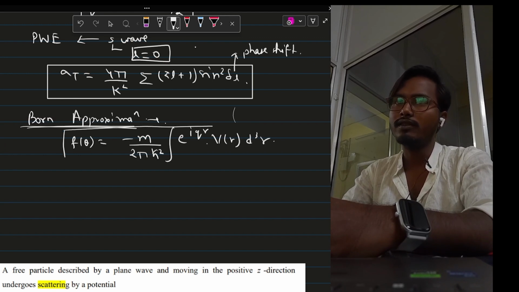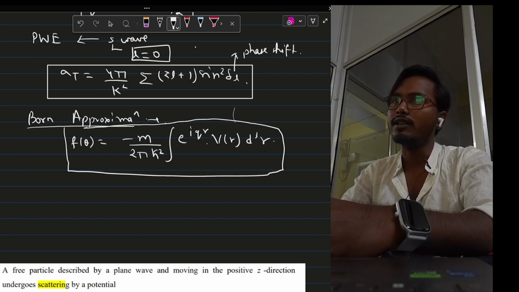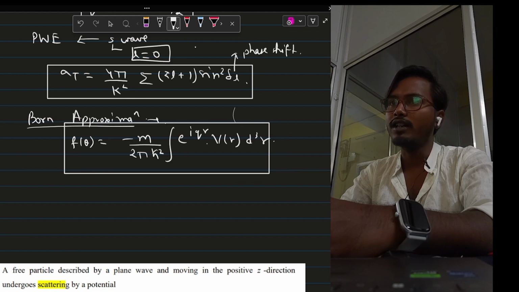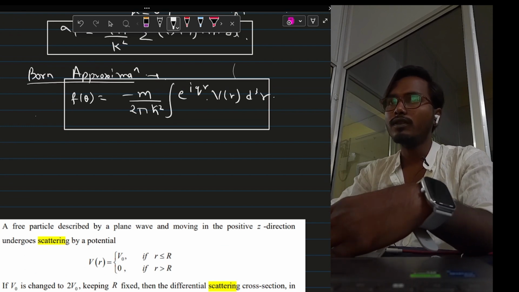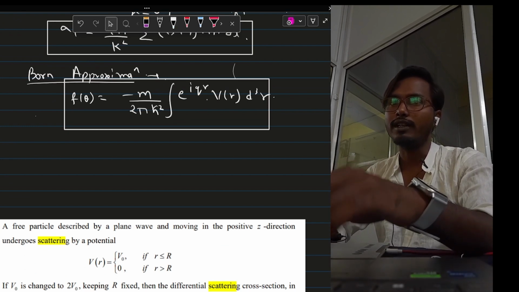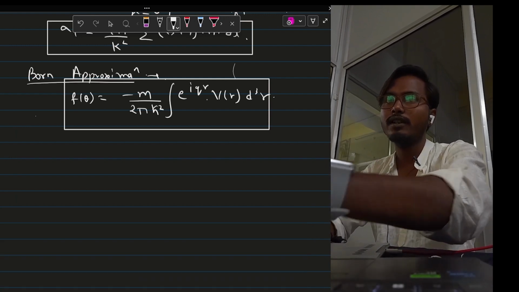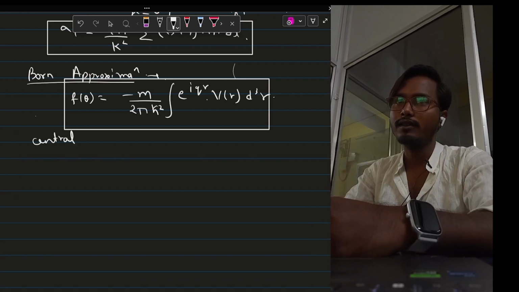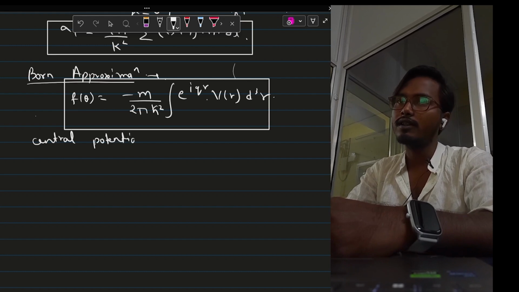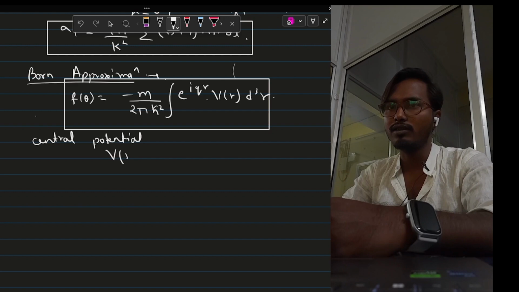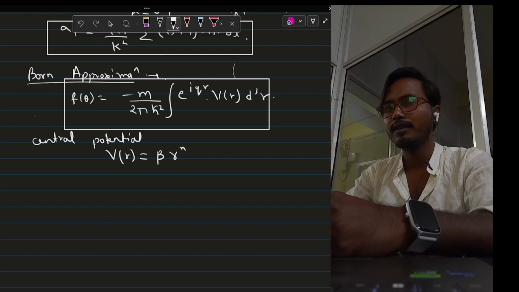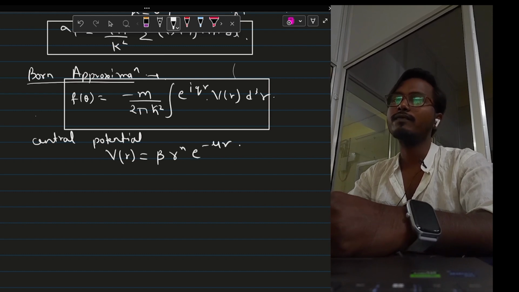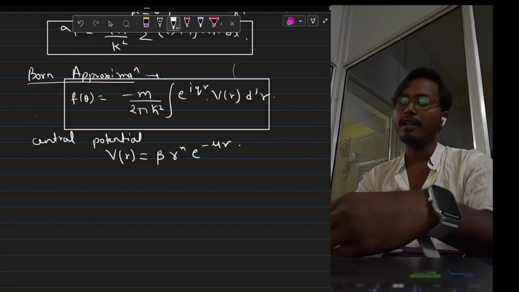This is valid only for central potentials, and in our exam we are mostly asked about central potentials. Let us also define what a central potential is. A central potential is some potential which has the form of r raised to power n and then e raised to power minus mu r. These types of potentials are called central potentials.